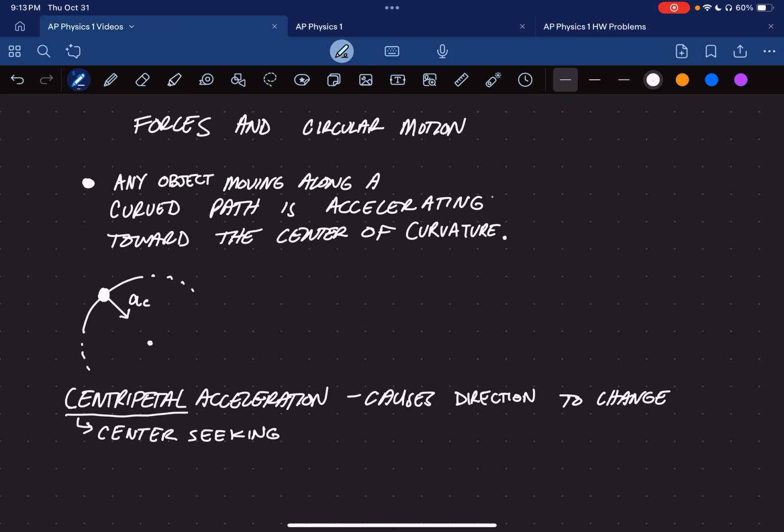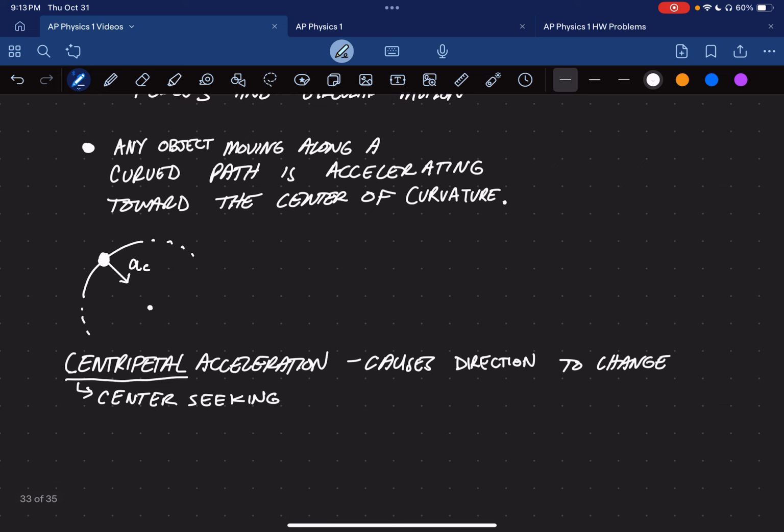Remember that acceleration is the rate of change of velocity, and velocity includes both speed and direction. We've seen in kinematics how the acceleration will cause the speed of an object to change, but now we're looking at how the direction can change.